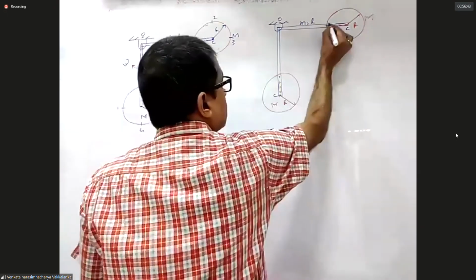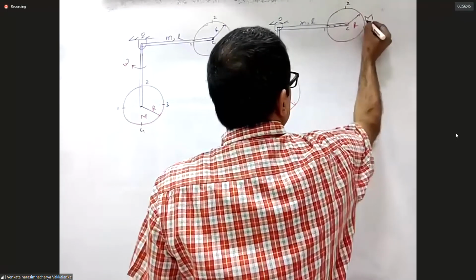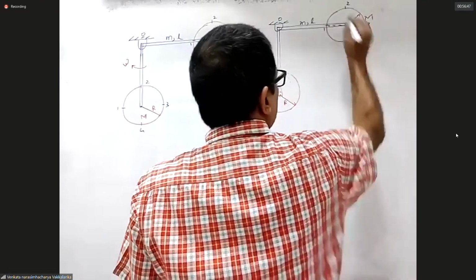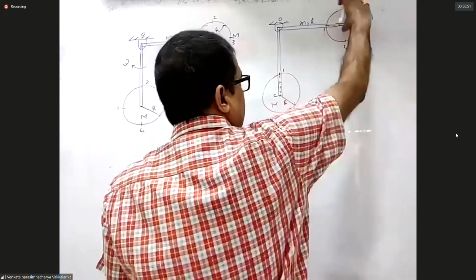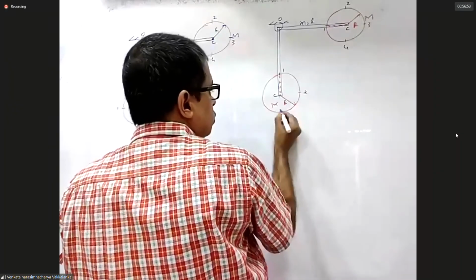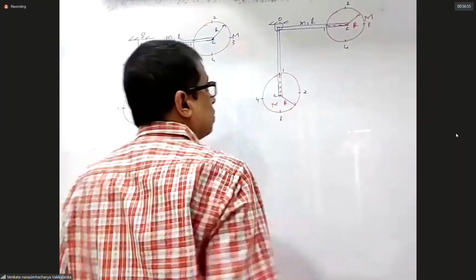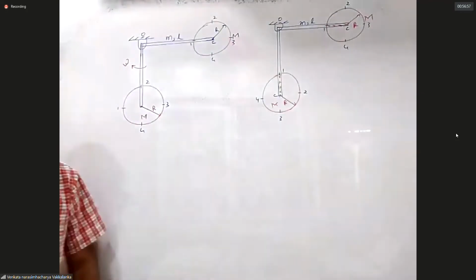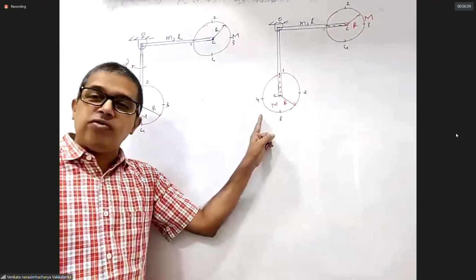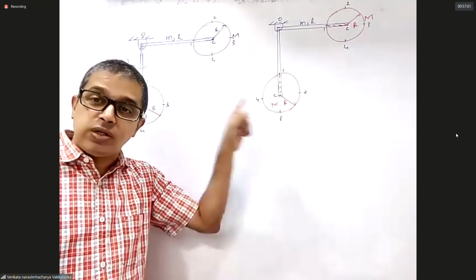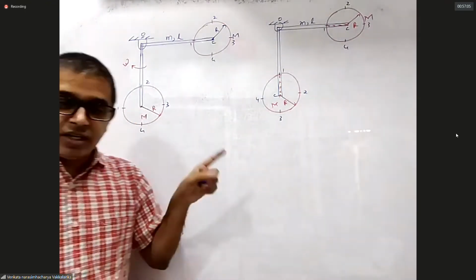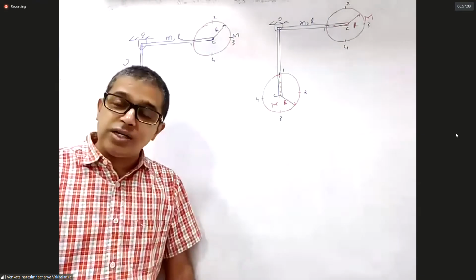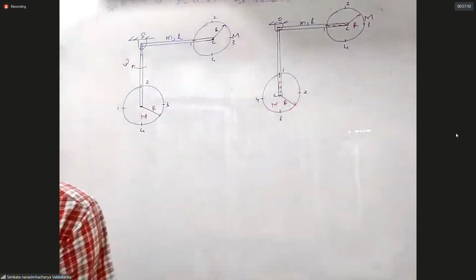In this second case, when the disk came down, this is point 1, this is 2, this is 3, this is 4. Didn't the disk rotate by an angle of 90 about its center of mass in this case? In the first case, it did not rotate.